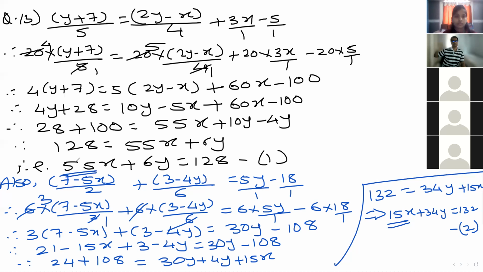I think so, right? So what we will do, we will multiply equation 1 by 3 and we'll multiply equation 2 by 11. Is that okay? Yes, sir. Okay, we'll do that.